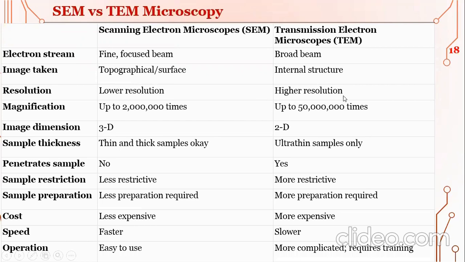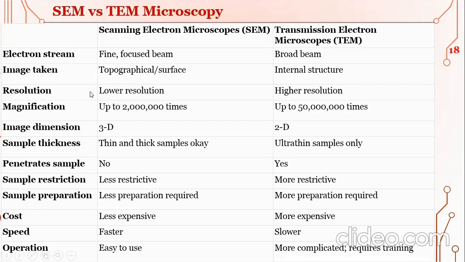Here the resolution is more because we have to go into the detail of the internal structure, so higher resolution will be required. Here the magnification is up to 2 million times, and here the magnification will be up to 50 million times.